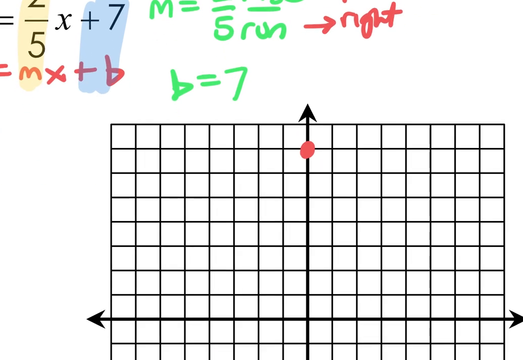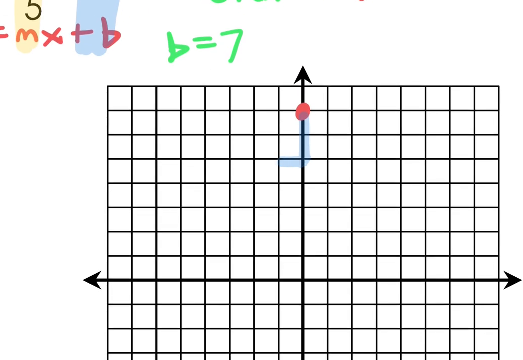So instead of going up and to the right, I'm going to go down 2, and I'm going to go left 5. 1, 2, 3, 4, 5. That's where I'm going to land the next point. That'll still keep me on the same coordinate plane. So sometimes I need to do that to fit my line on the given coordinate plane. You can reverse the order.